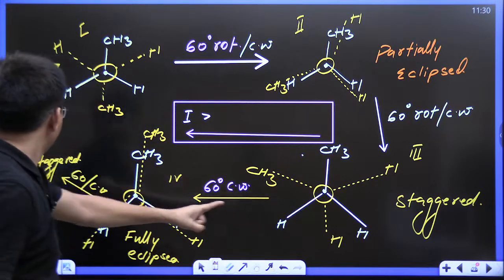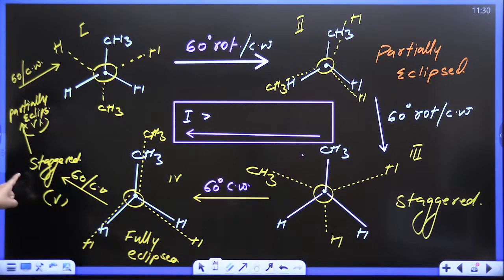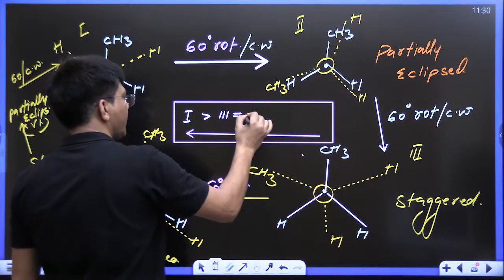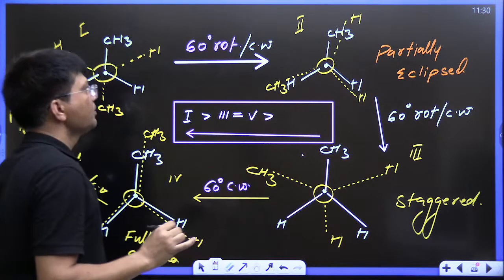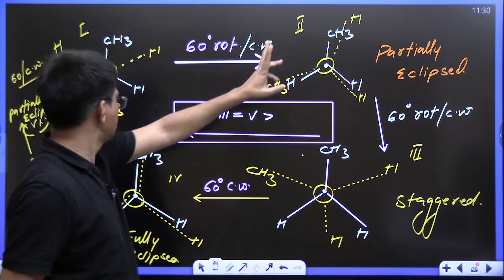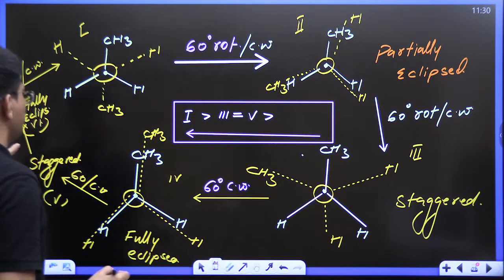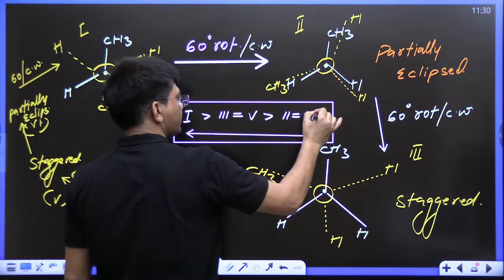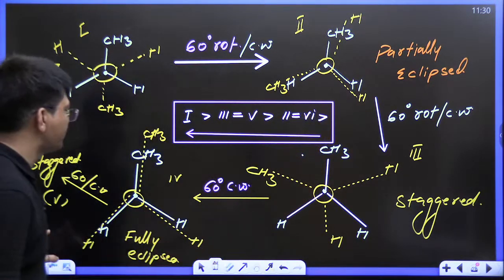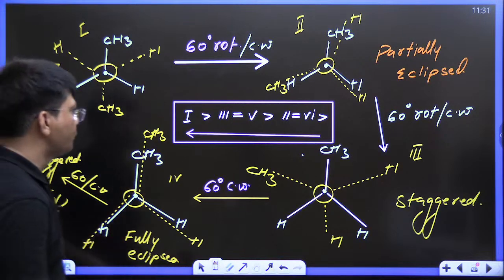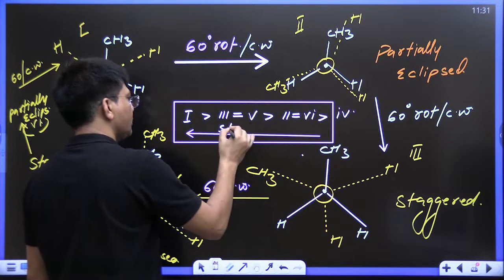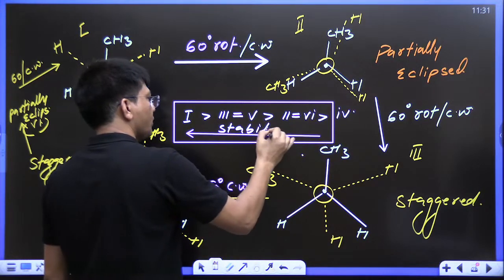This is 3, and this is 5. 3 and 5 are exactly equal. Then partially eclipsed, 2 and 6, 2 is equal to 6, and at the last, fully eclipsed, this is the fourth structure. Agreed or not, kids? This I have written for stability.